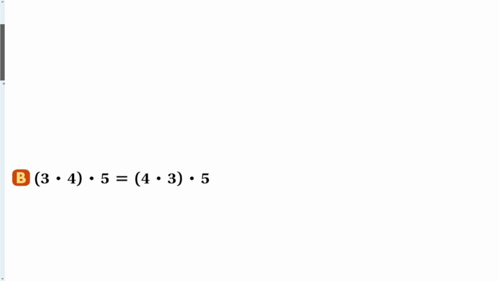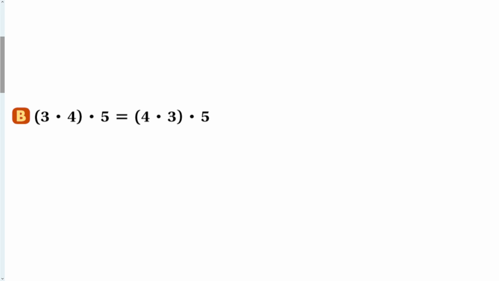Okay. Next one. 3 times 4 times 5 equals 4 times 3 times 5. Now, many times I've seen people make this mistake by just looking at this problem. They say, oh, it has parentheses. That's the associative property.